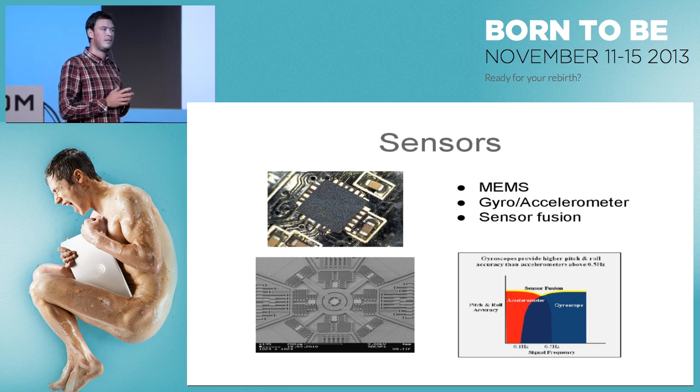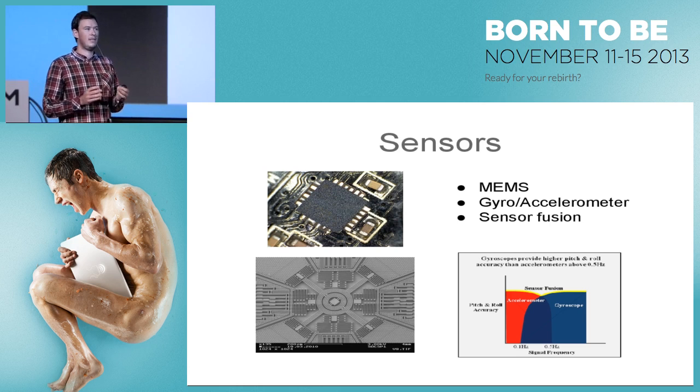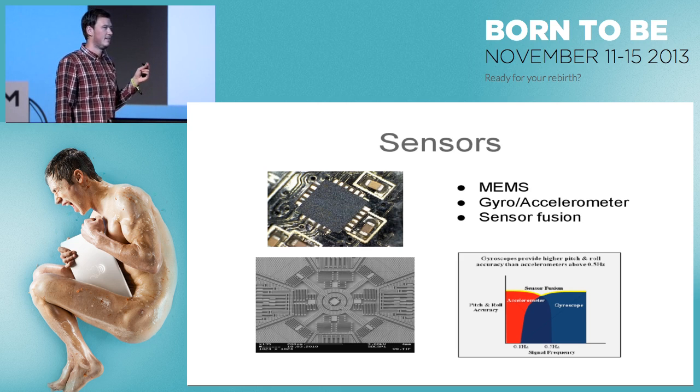For that, you can use an accelerometer, which can measure gravity. Maybe that was wrong. But you measure gravity, so you can calibrate the gyroscope to keep it from drifting.